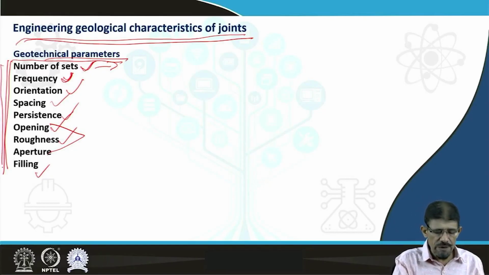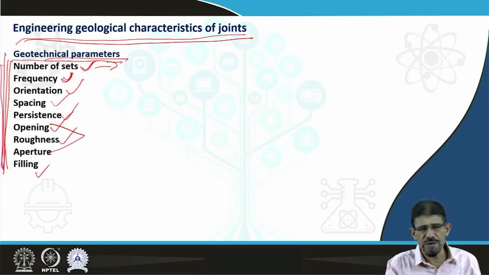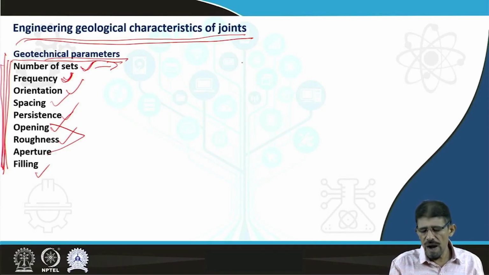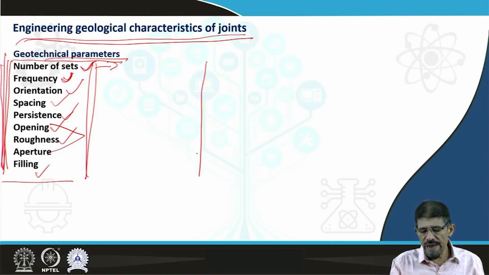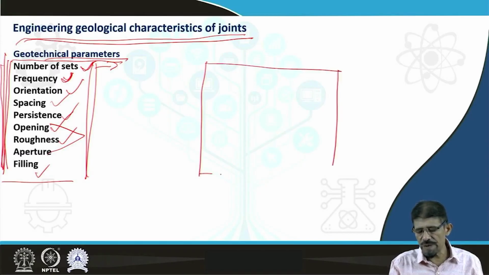These parameters concerning joints are responsible for rock mass categorization. Therefore, these parameters are helpful in rock mass characterization.